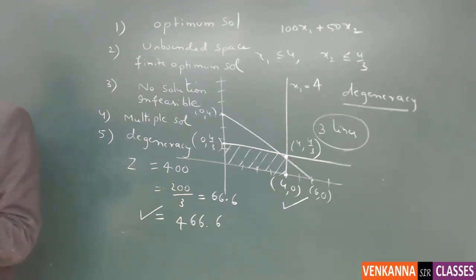Exactly. Three lines intersecting at one single point, we call degeneracy. So two lines intersection is nothing but a regular point. The corner point we take and substitute in Z. Clear now? So these are the variations under the graphical method.